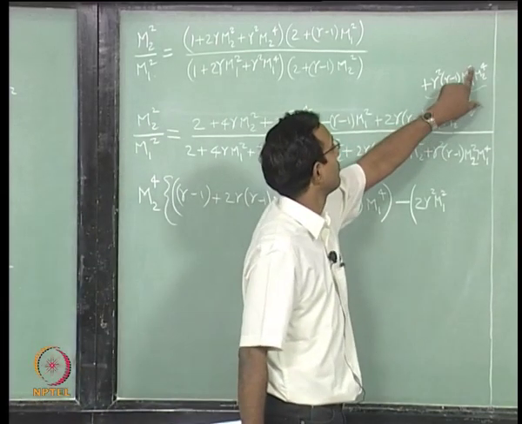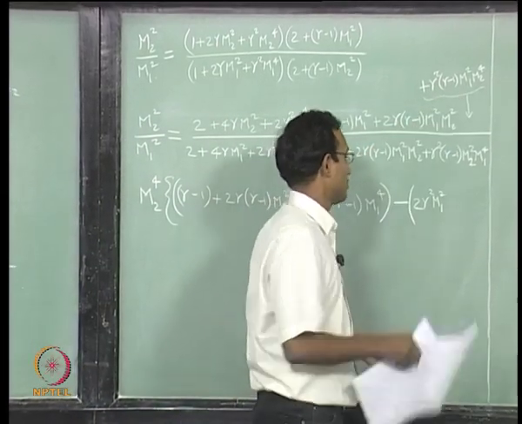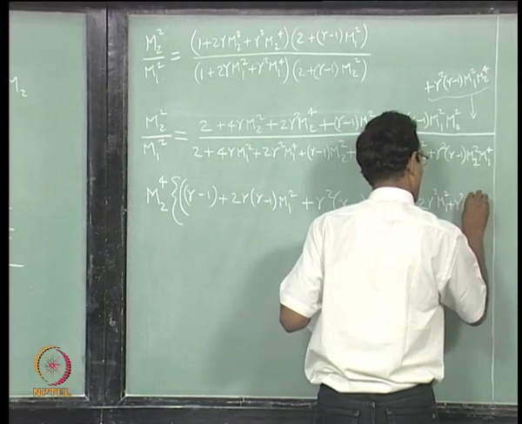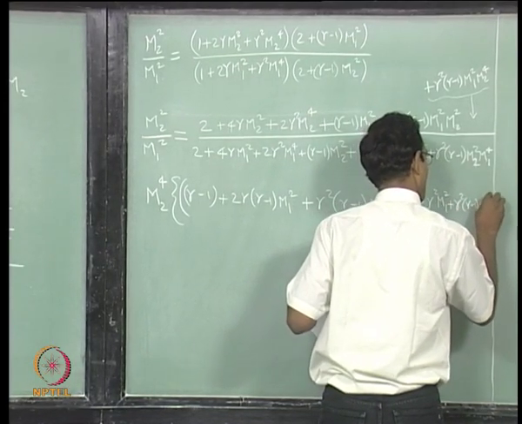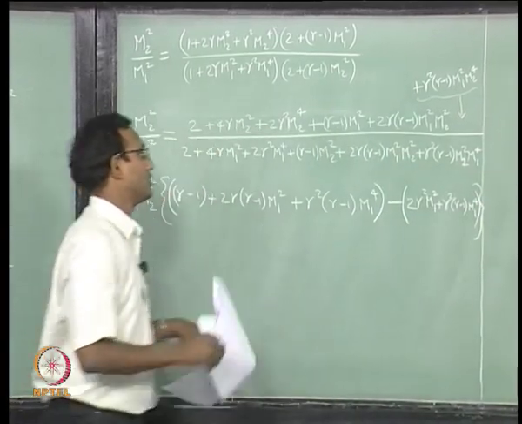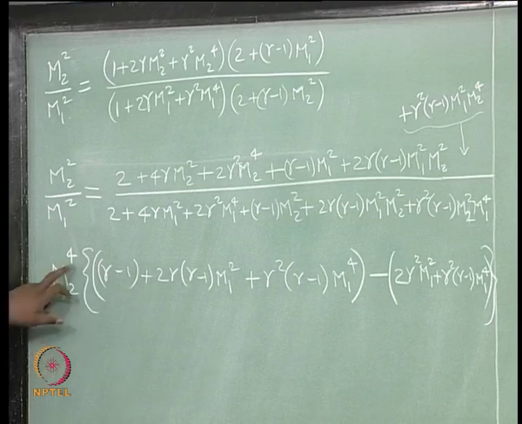So it will become m1 power 4 gamma square times gamma minus 1. This whole set of terms are all coefficients of m2 power 4 only.